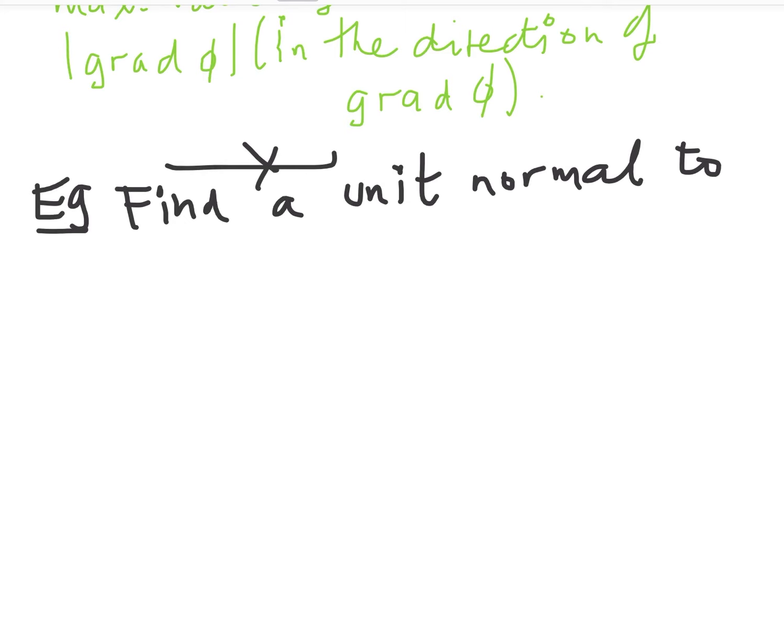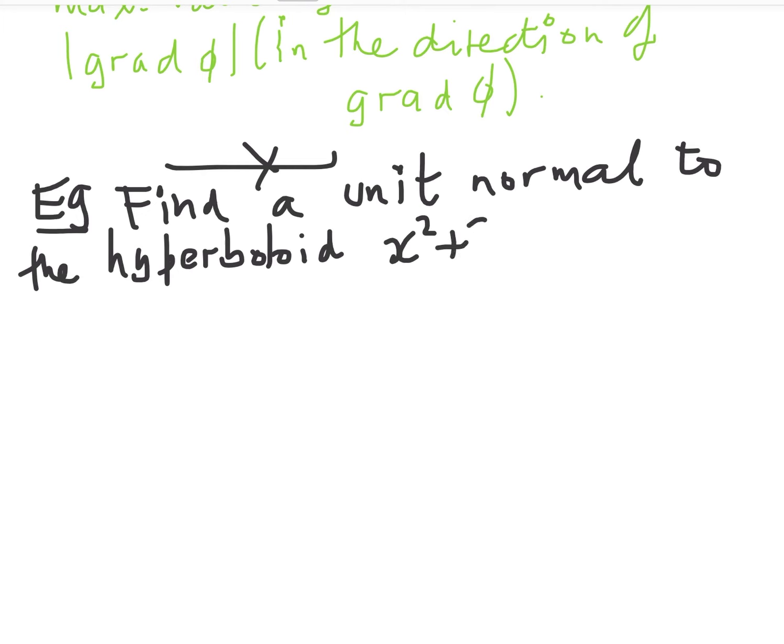You may remember what the hyperboloid of one sheet was when I discussed sketching these three-dimensional surfaces. Let me emphasize, this is the hyperboloid of one sheet. There are two, one with one sheet and one with two sheets. The hyperboloid x squared plus 2y squared minus z squared equal to a positive constant, let's say 8.